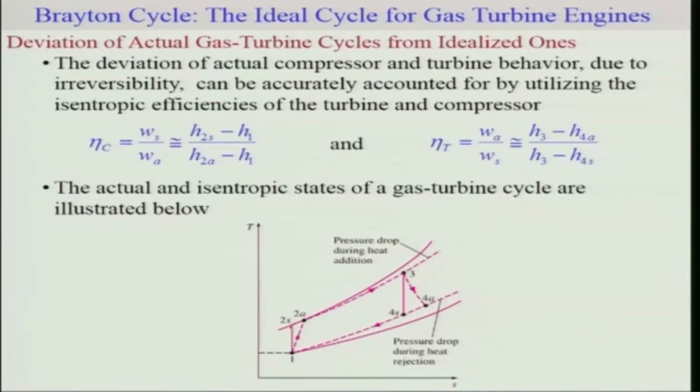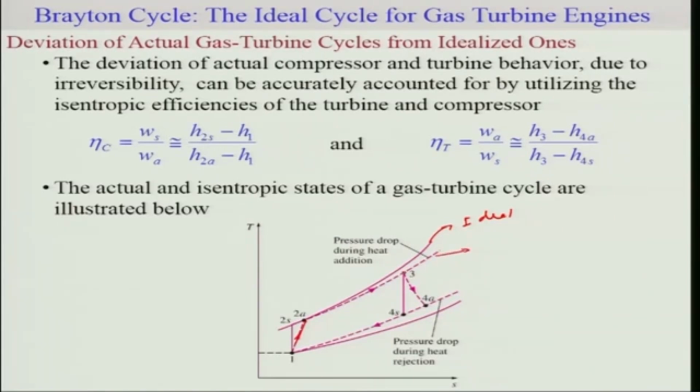For the reversible case, because of irreversibility, there will be a pressure drop, and hence there will be some irreversibility. Due to this, the actual path of the compression would follow along this line until this pressure. There would also be a certain pressure drop during the heat addition. So this is the ideal case, and this dash is nothing but your actual process.